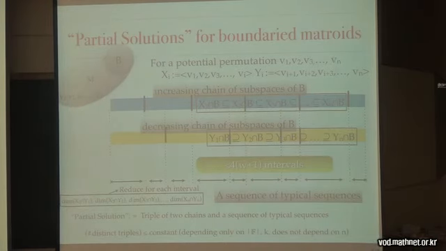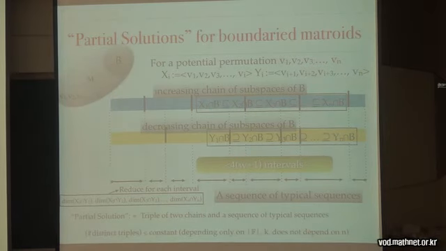So that means I only have a bounded amount of information, right? So I will remember these markers for this chain: what subspaces occur in the chain. I also remember the order. And for each interval, I remember a typical sequence, which is also bounded information.